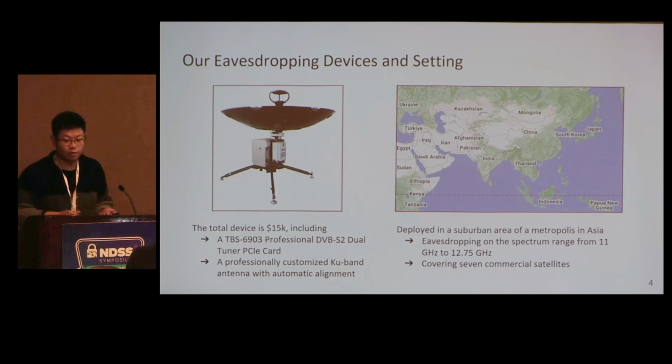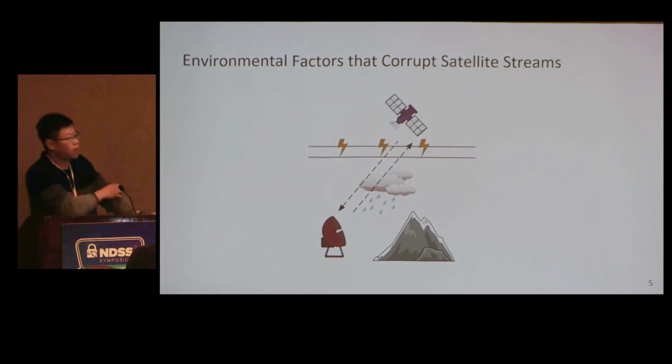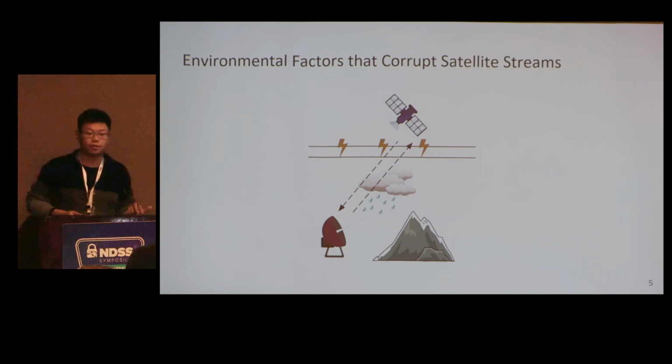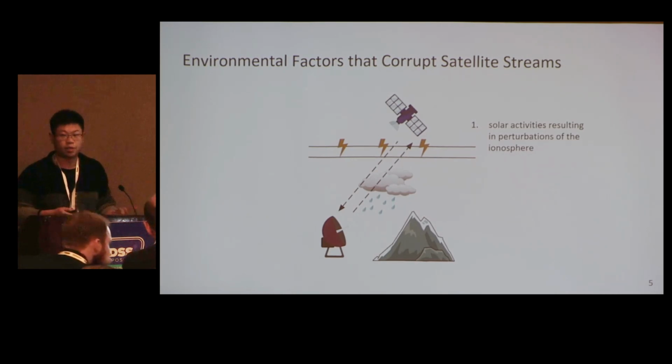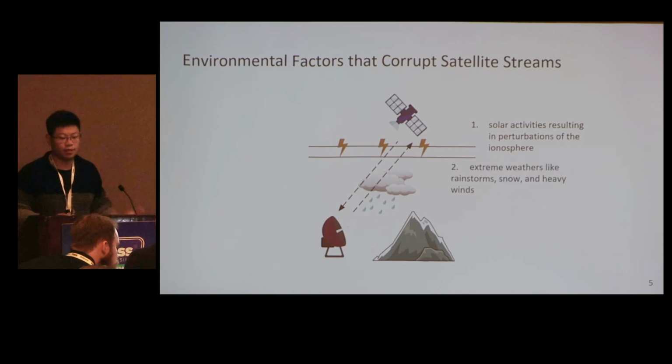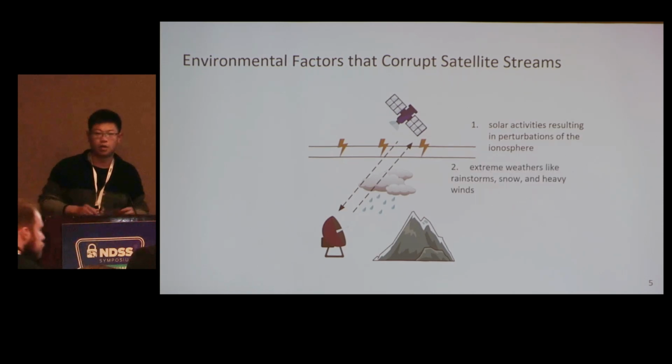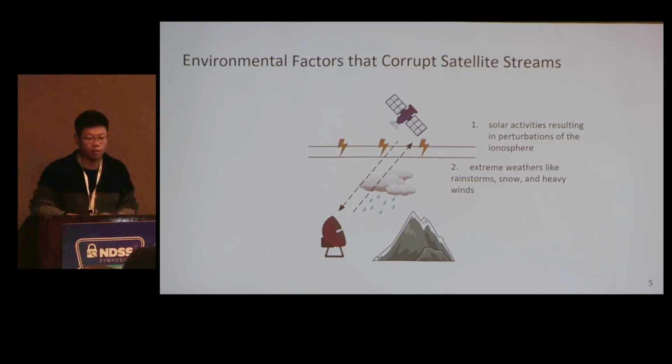And we discovered that they are highly corrupted, and the reason is some environmental factors. The first factor is the satellite activities, which perturb the radio signals that we receive. The second environmental factor that will corrupt the satellite communication is extreme weather, like rainstorms, snow, and heavy winds, which are at least very common in the Boulder area.